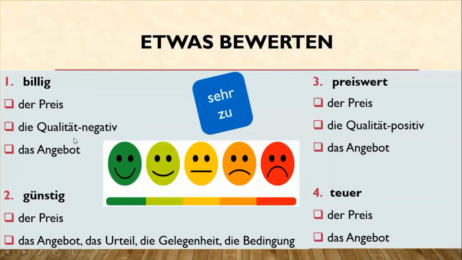So billig is not only used in a positive sense for meaning that something is cheap, but also in a slightly negative sense to mean that something is cheap because its quality is low. And we use billig when we are talking about some offer or some sale, which is das Angebot.